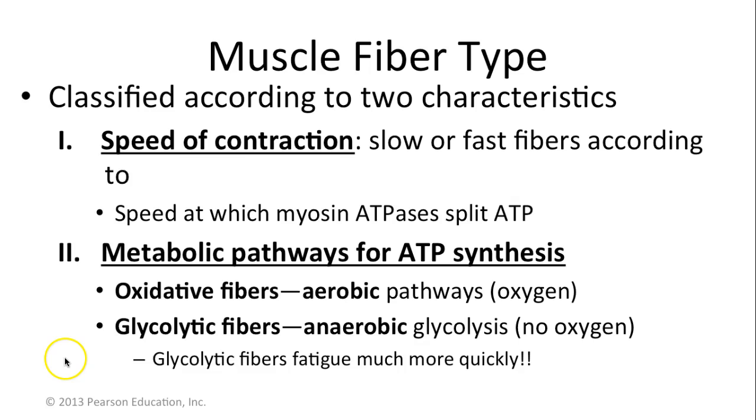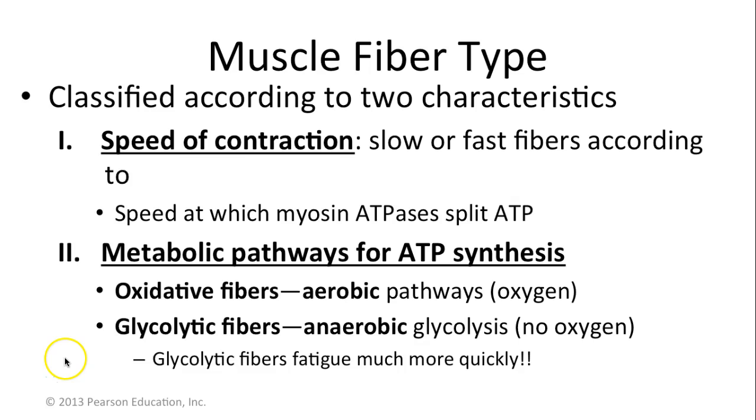The other way that we classify it is by the metabolic pathways. All right, how do you make ATP in that fiber? Oxidative fibers, oxygen, there you go, oxidative, oxygen, use aerobic pathways, and that's a slow process. It requires oxygen to be present, and it doesn't happen very quickly.